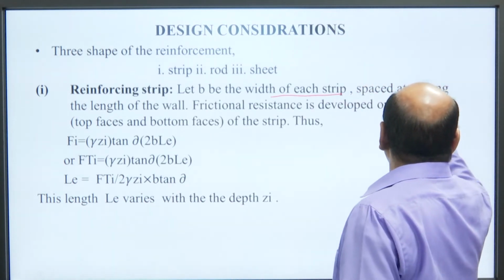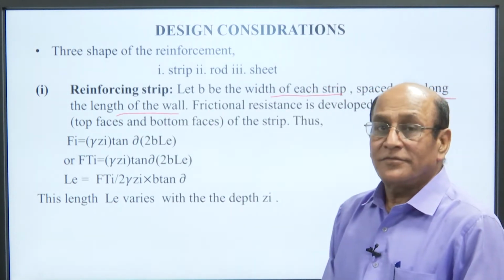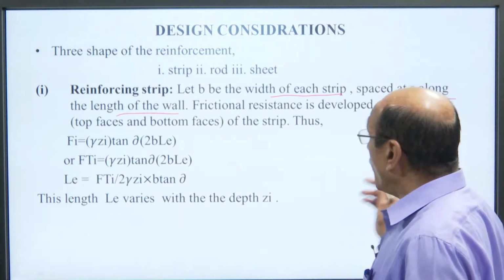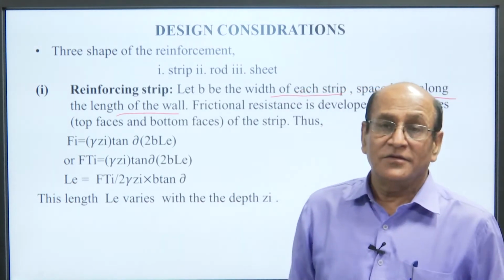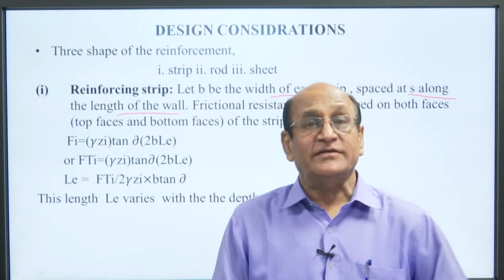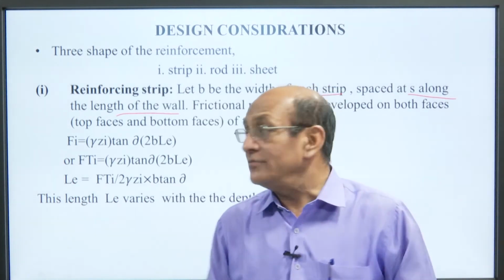For the reinforcing strip, let B be the width of each strip spaced at S along the length of the wall. Frictional resistance will develop on both faces of a strip, so it has been taken 2 times.